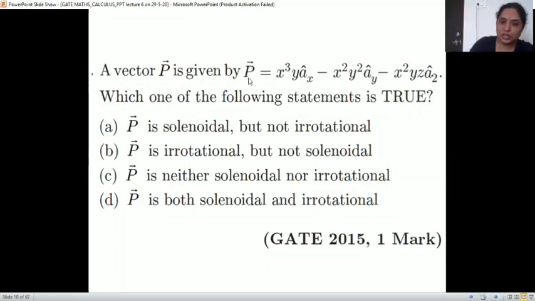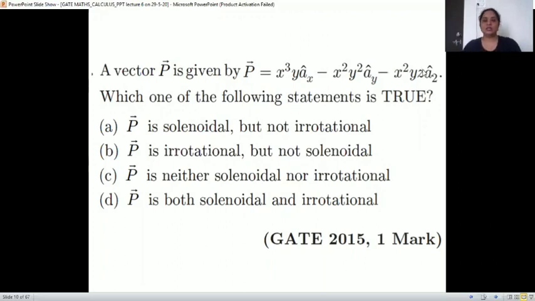To check solenoidal, you have to find del dot p bar. Do you remember del dot p bar? Del dot p bar is just dou by dou x of the first component, that is the component with i bar, plus dou by dou y of this component, plus dou by dou z of this component, that is with az cap.